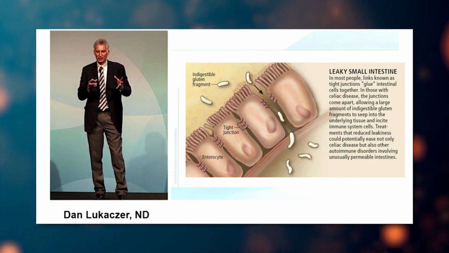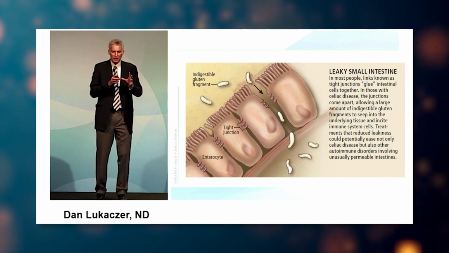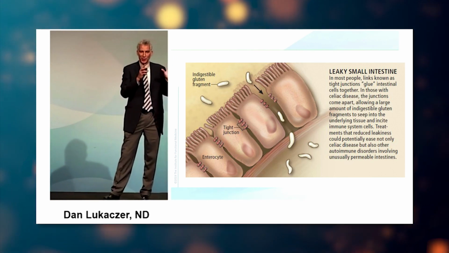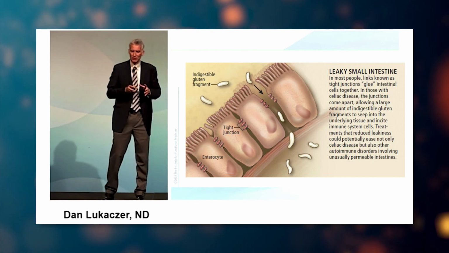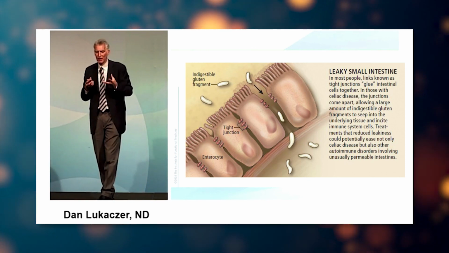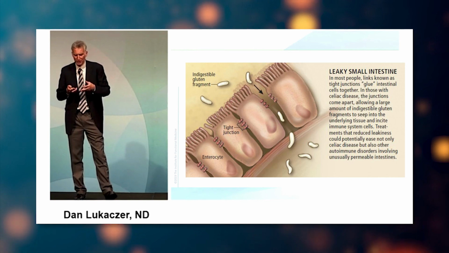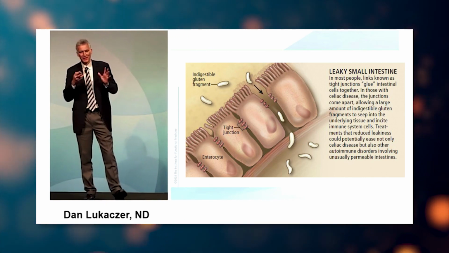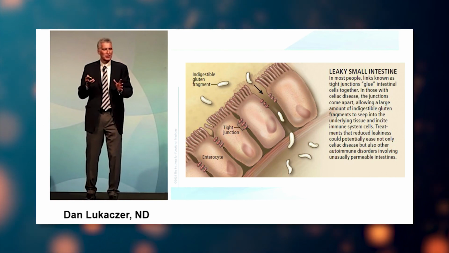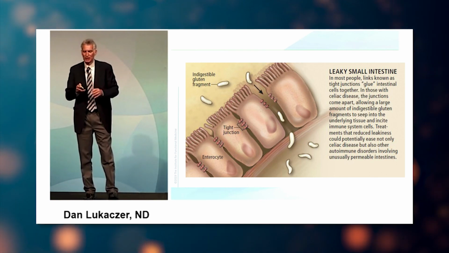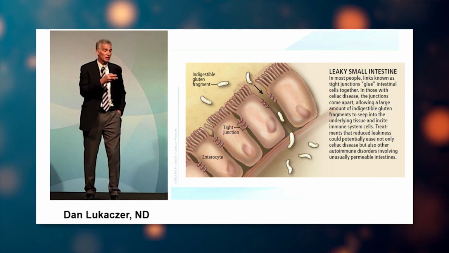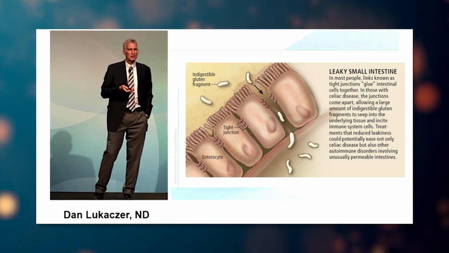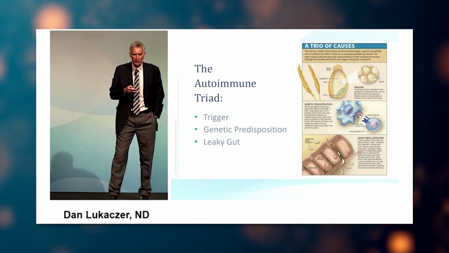So in a nutshell, the primary reason for the likely increase in autoimmune disease in general, and certainly in celiac disease specifically, is that we have more increased intestinal permeability in our population. Therefore, getting back to what I've been talking about, reducing that leakiness can potentially have an effect on the incidence of celiac disease, but also various other autoimmune diseases.